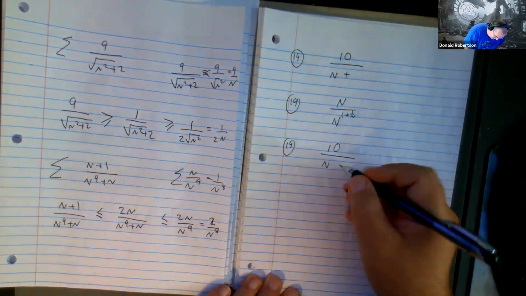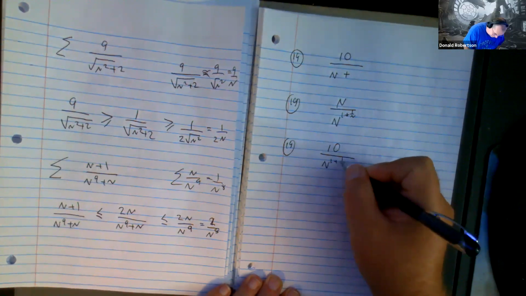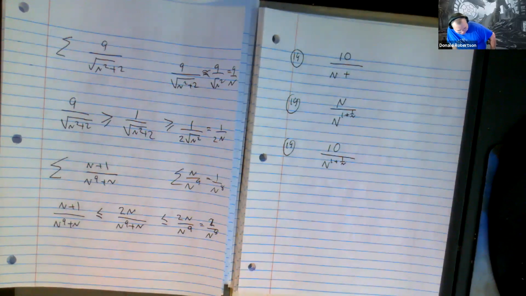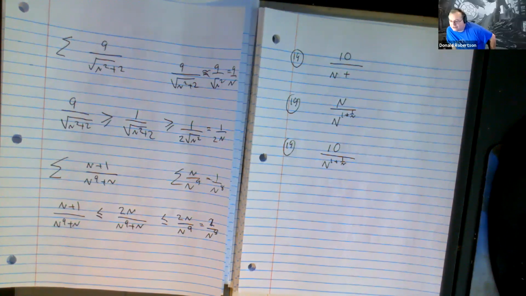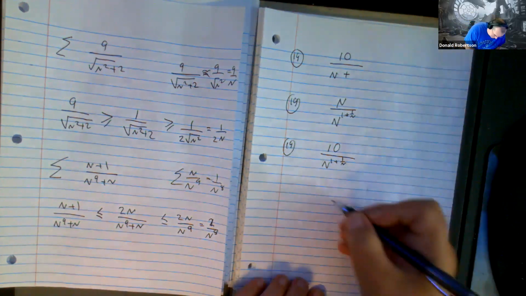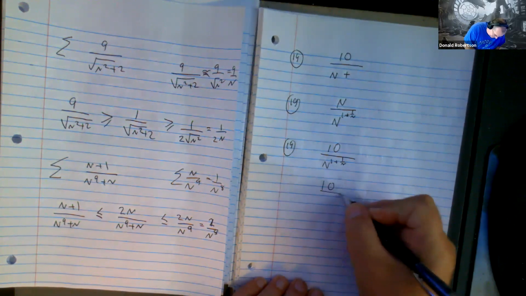It's not easy when they do subscripts in this one. Who does that guy behave like? 10 over n. Okay, isn't 10 over n a p series? p equals 1 diverges. Right. You could do that one if you work at it, at least.